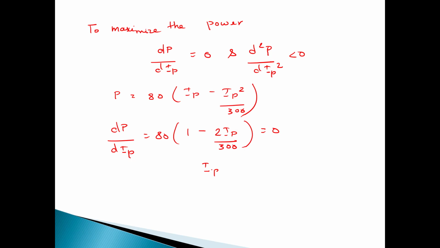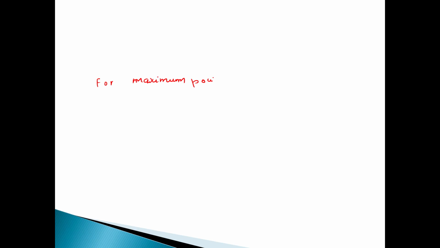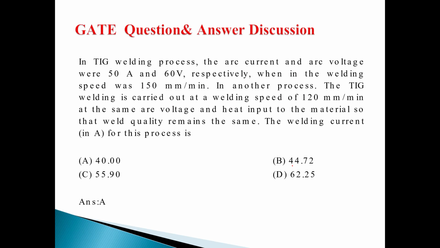From this we can get IP as 150 amps. d2P by dIP square is equal to 80 into 2 divided by 300, that is equal to 0.33, which is less than 0. So for maximum power, the current is set as 150 amps.